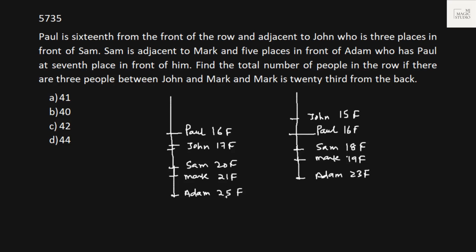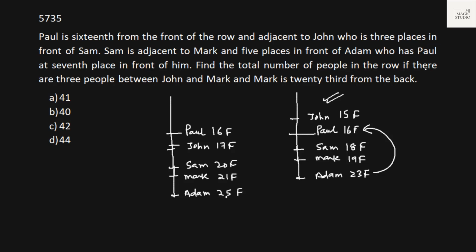But 23, and Adam, who has Paul at 7th place in front of him, 23 minus 7 is 16. That means this fits in. The difference, Paul is 7th place in front of Adam, means this particular sequence fits in.